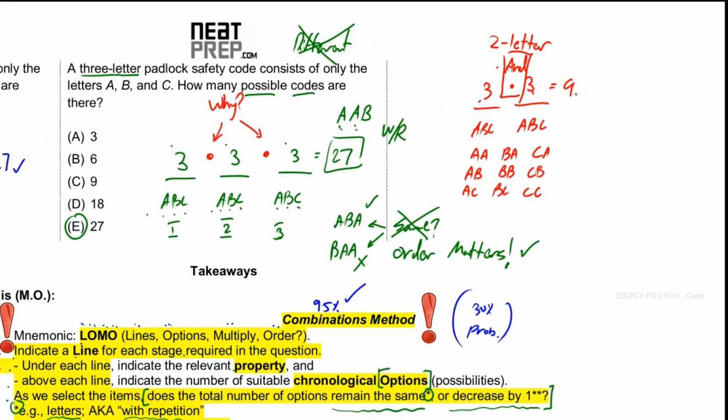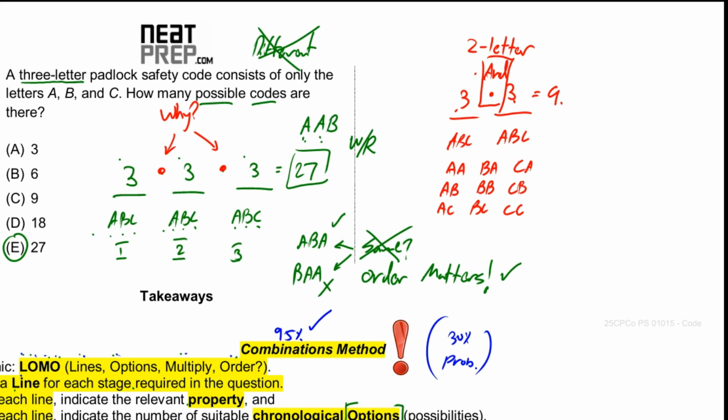What if we were asked to choose either one of the letters A, B, or C, or either one of the numbers 1, 2, or 3? How many options would have been possible given this scenario? We could either choose A, 3, B, C, 1, or 2. 6 options in total. So from 3 options or 3 options, we get to 6 options.